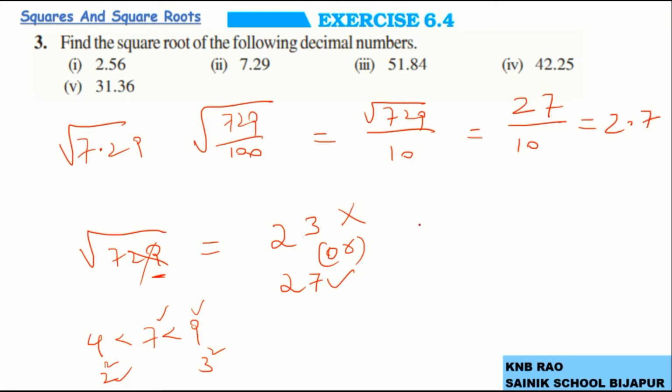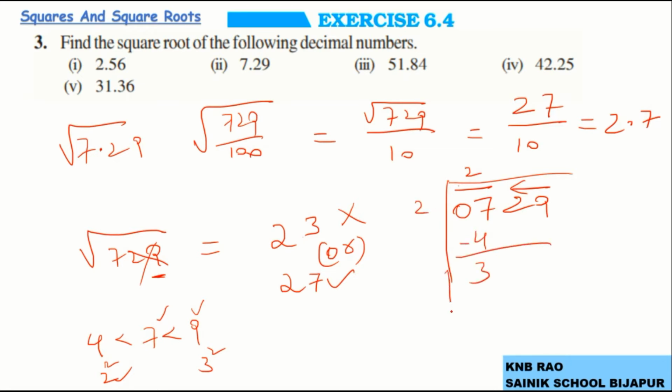This is one method, or else go for the long division method. So mark from the units place. 29 is one pair and 7 doesn't have a pair, so 07 will be another pair. Here 7 is close to 4, 2 2s are 4 and the difference is 3.